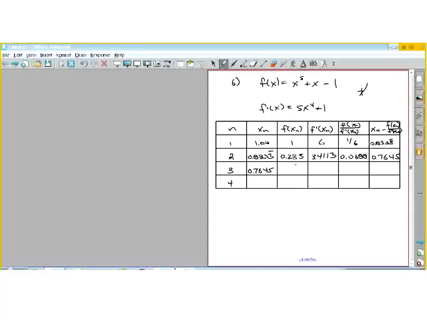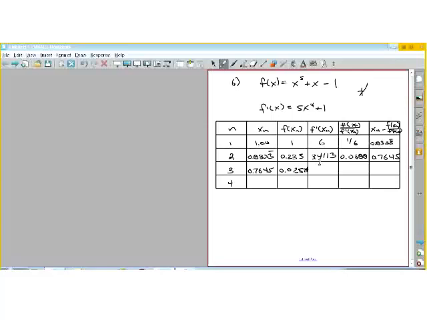Now I'm going to plug 0.7645 into the original function. I use my calculator, take the answer, raise it to the 5th power, plus the answer, minus 1. And the value of the function is 0.02574.